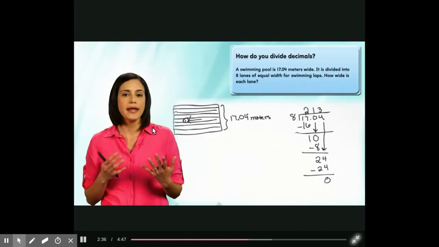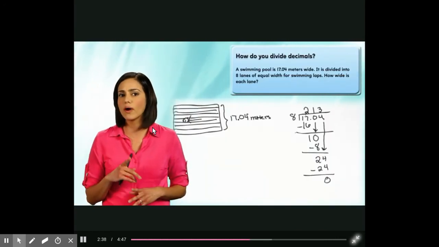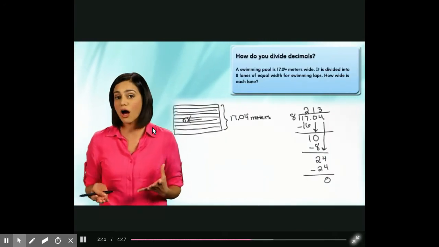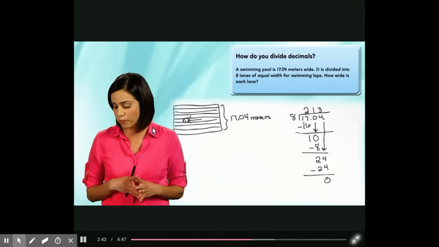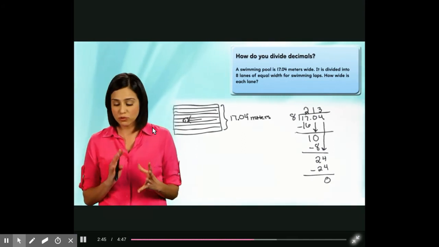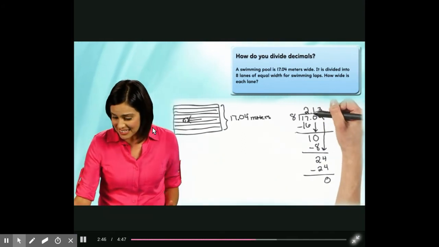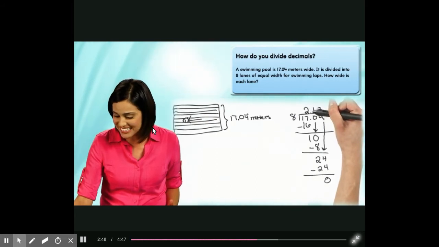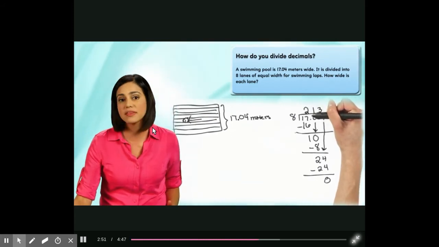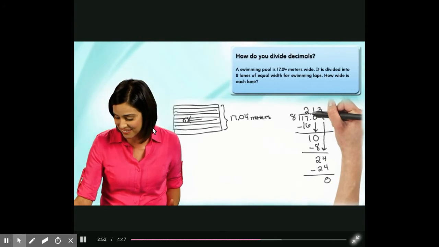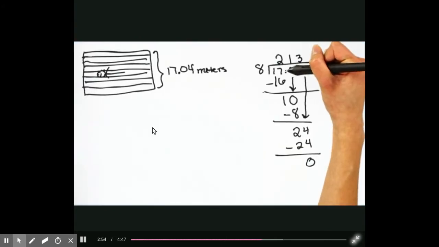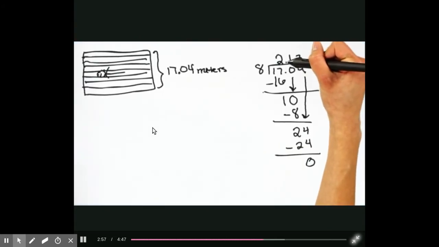Now, though, we need to talk about where the decimal belongs in our quotient, or the decimal point. Well, all you have to do is place the decimal point in the quotient directly above the decimal point in the dividend. So here's our decimal point in the dividend, and I'm just going to place it right there in the quotient.